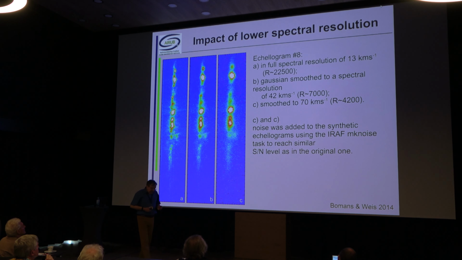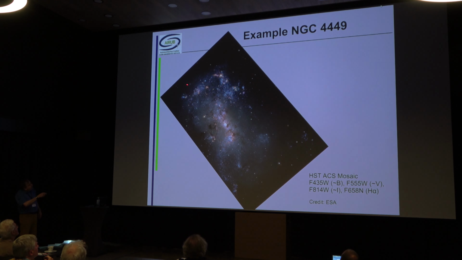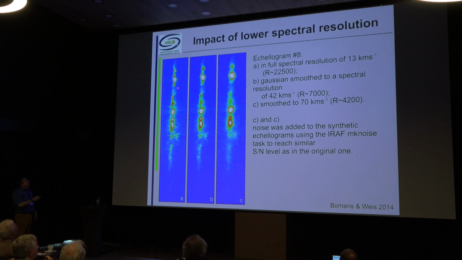So where are the limits for that? Well, this is a relatively simplified case, but what about a galaxy, where you don't resolve the object perfectly? These are the same kind of spectra, but taken from this galaxy. This is the original spectrum, with a slit which runs across this galaxy, at R 22,500.